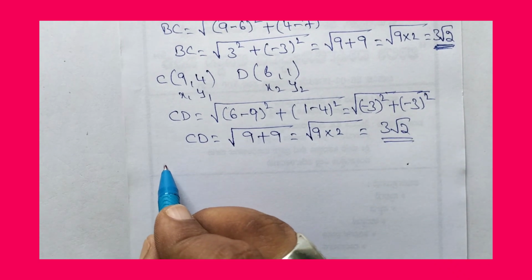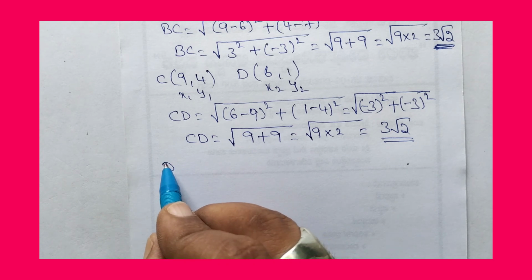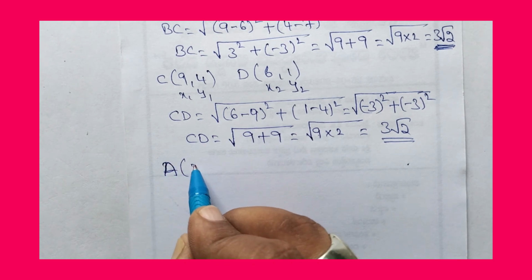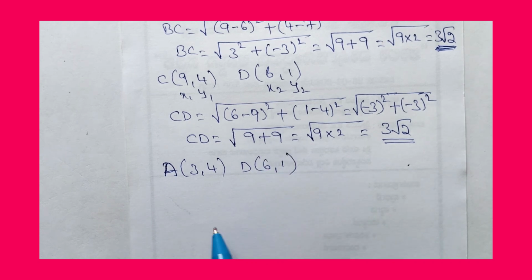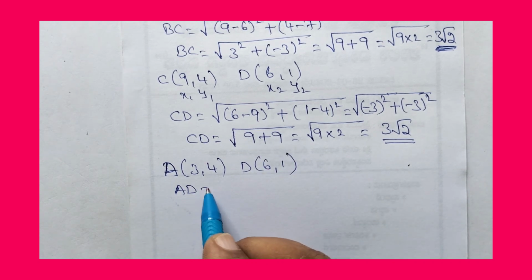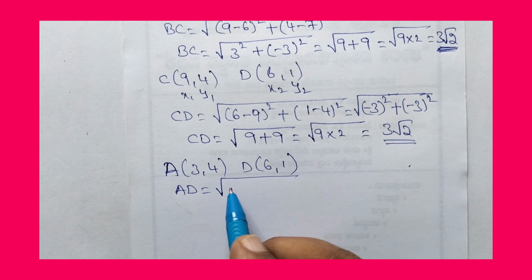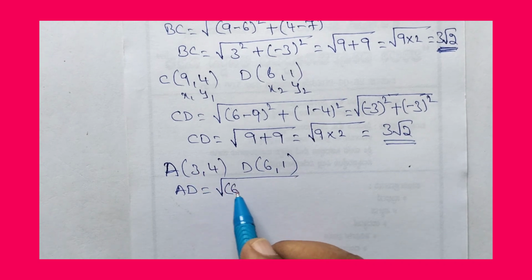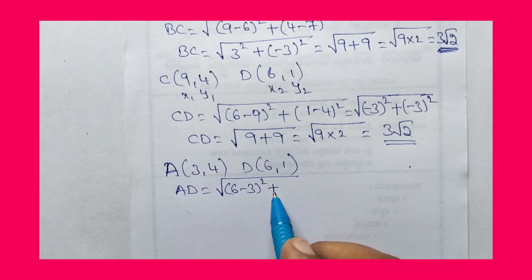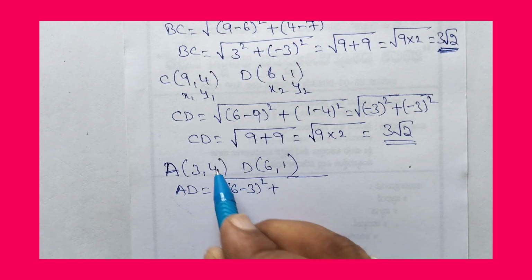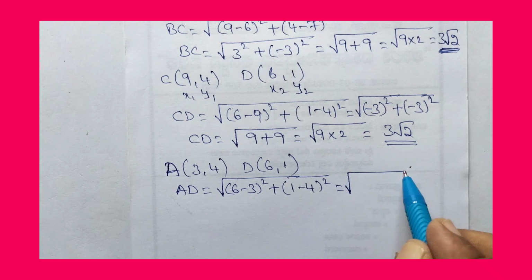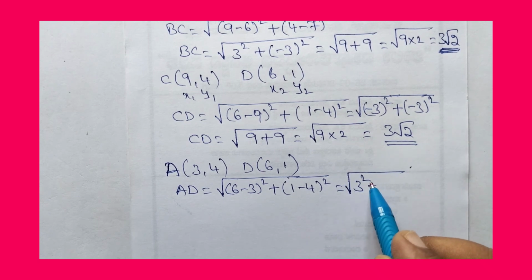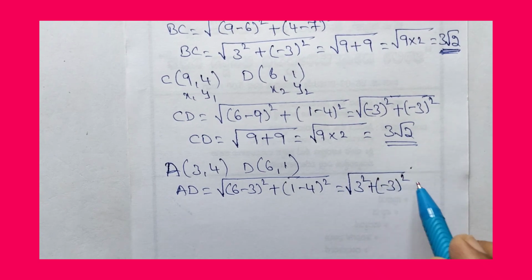Now find the distance between A and D. So A is 3 comma 4 and D is 6 comma 1. So distance between A and D is equal to square root of 6 minus 3 whole square plus y2 minus y1, 1 minus 4 whole square, is equal to square root of 3 square plus minus 3 whole square.